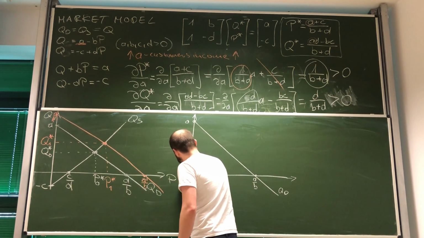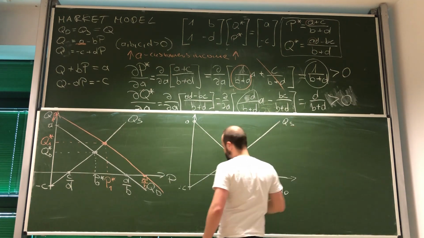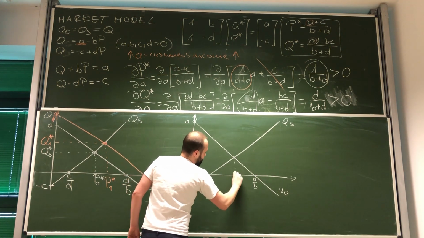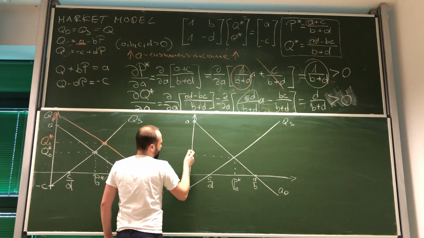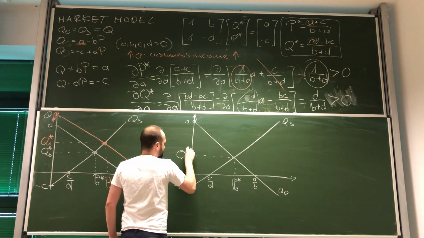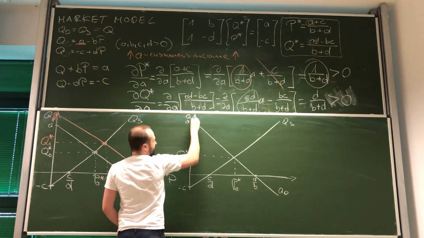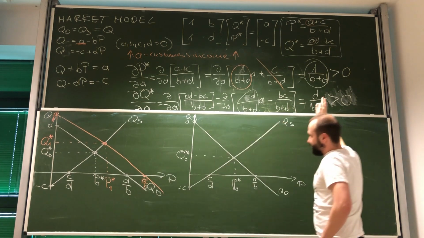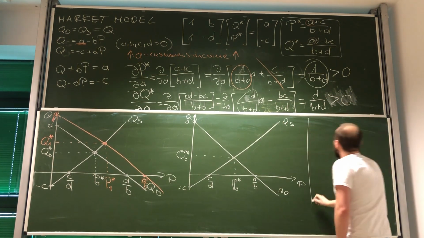We've got some negative C or QS. Here we've got C over D. Here is our equilibrium price and our equilibrium quantity. Okay, so here is Q, here is P, of course.